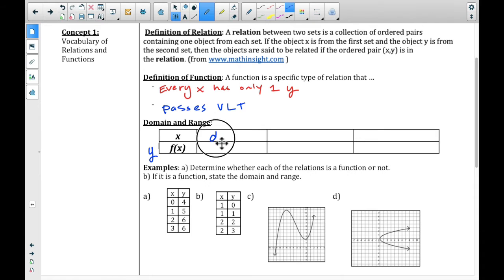So x is always our domain, and y, or f of x, is always our range. Then we can also say that x is the input and y is the output, or f of x is the output. And if we think in terms of applications like science, we could say that x is our independent variable and y, or f of x, is our dependent variable.